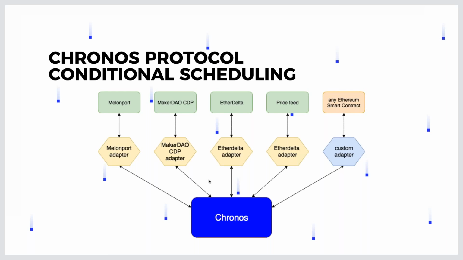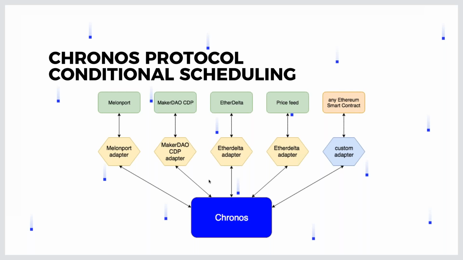And this brings us to the thinking that probably for all the specific smart contracts that people using Chronos would like to tackle, we will need some sort of adapters or small smart contracts that act as mediators between the target, which is, for instance, Ether Delta or a MakerDAO CDP, and Chronos.